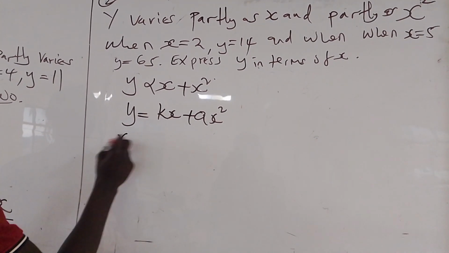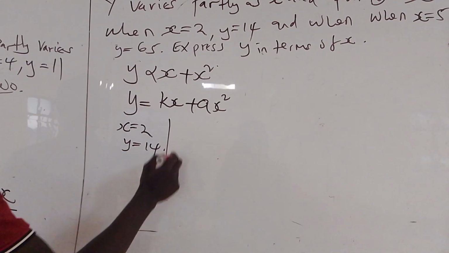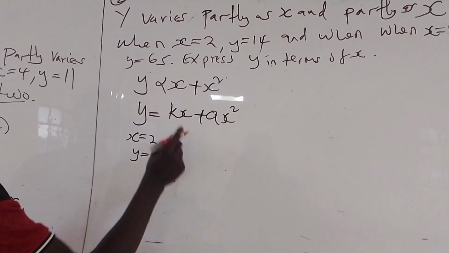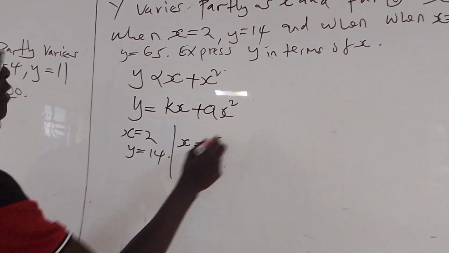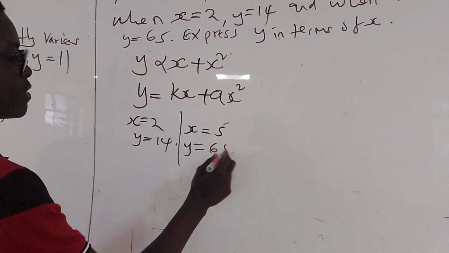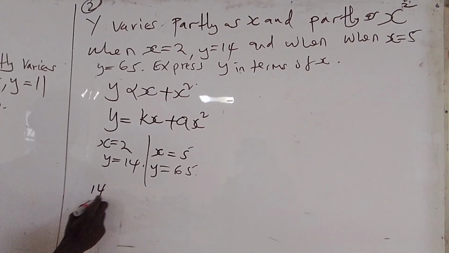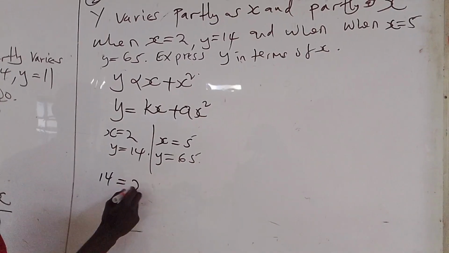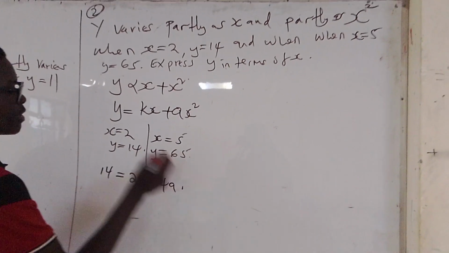So when x is equal to 2, y is equal to 14. And when x is equal to 5, y is equal to 65. So let's say the first equation, 14 is equal to 2k plus x squared, that is 4a.